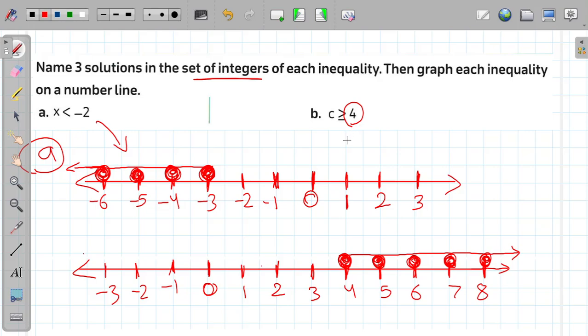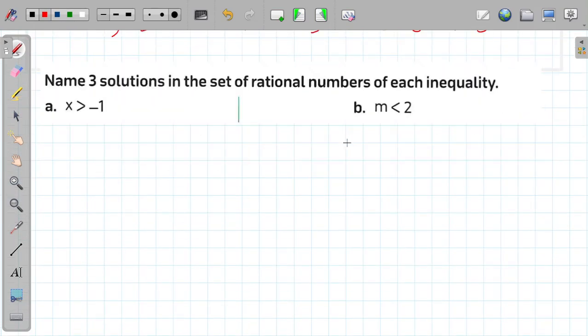Okay. Next, I wanted to name 3 solutions in the set of rational numbers. Listen carefully. I want 3 solutions in the set of rational numbers. So maybe the solutions will be decimal numbers or fractions, okay, for each inequality.